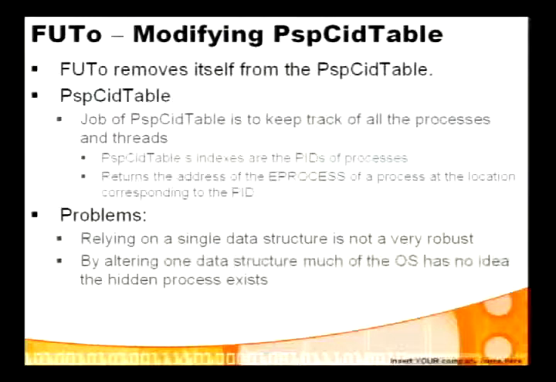The PspCidTable's main purpose... whenever you see the third letter of a function or a variable name begin with a P, that's usually a Microsoft private function or variable. They don't want you to use it, and it's not exported. So this is internal to the kernel itself, and it contains an open handle to every single process and every single thread on the system.